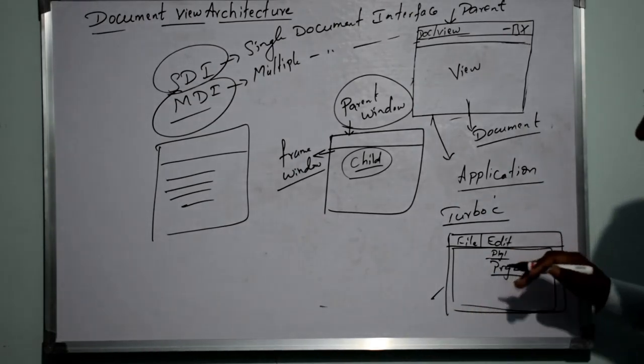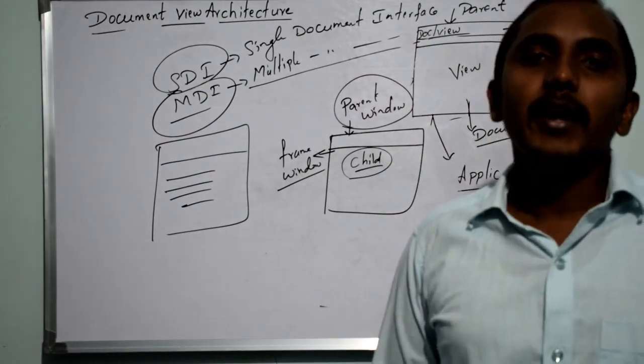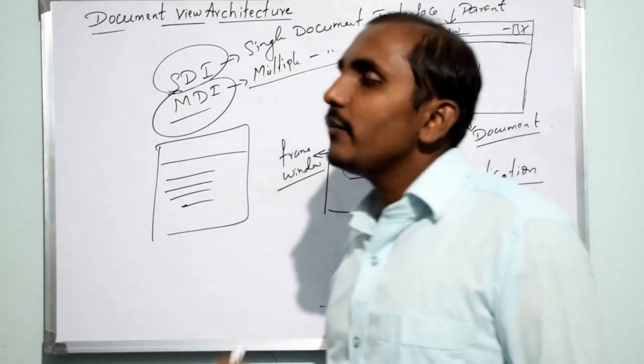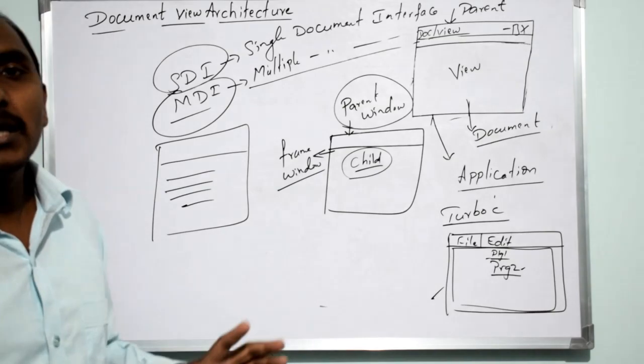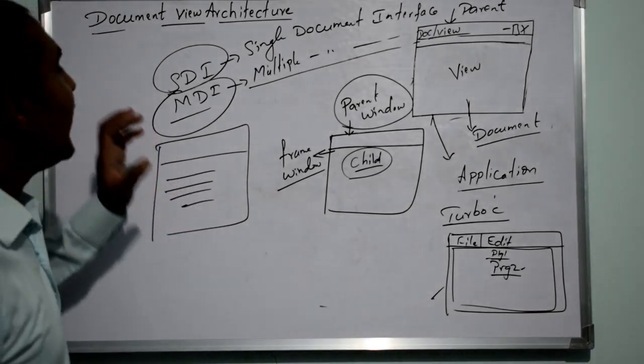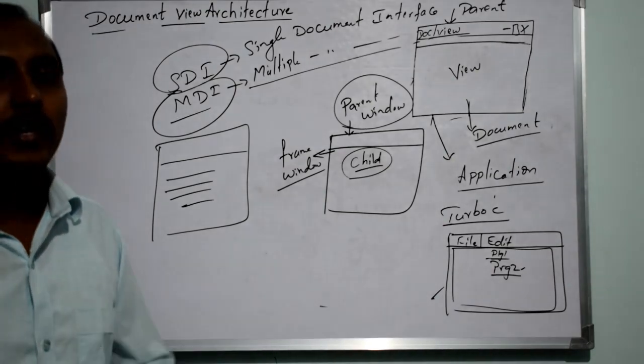So we can see multiple documents there. That is why it is called multiple document interface. Your document view architecture will support single document interface as well as multiple document interface, but it is mainly used for developing applications based on multiple document interface.